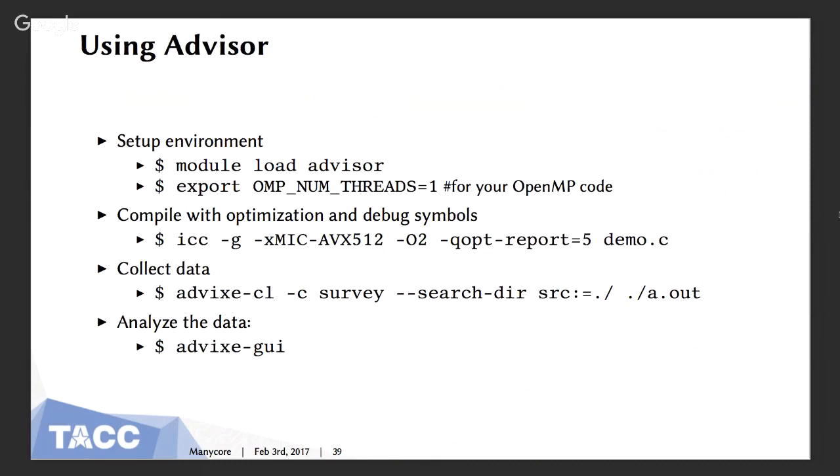Build your code with the debug symbols and whatever optimizations you're going to use. And then you just run this line down here. I don't understand quite why this --search-dir argument needs to be set in that way, but I have found that it does in order for this to work properly.